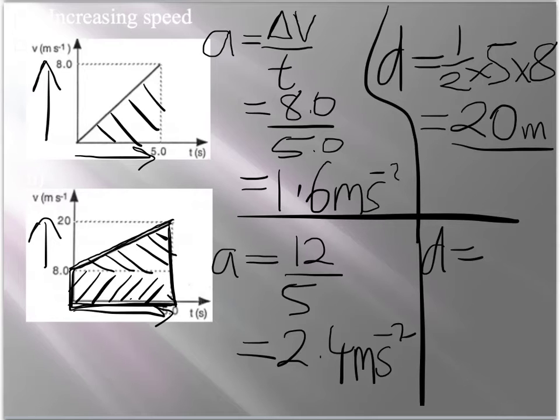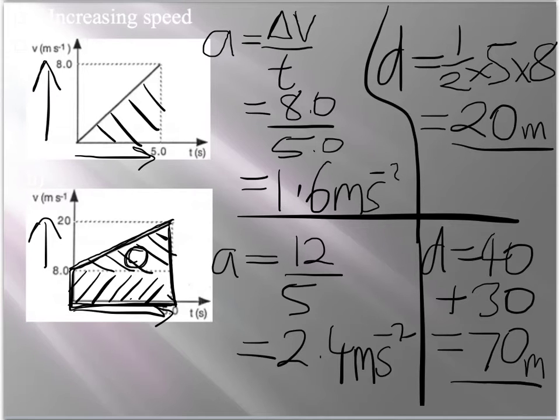So we find the rectangle straightforward. It's 8 times 5, which is 40, plus this triangle here, half base times height will be half times 5 times 12, which should give you 30 meters. So total distance 70. Just check it yourself and see that you agree.